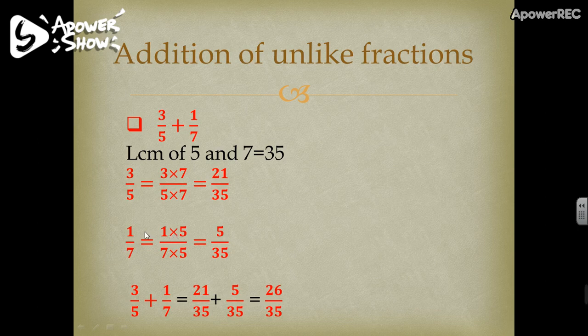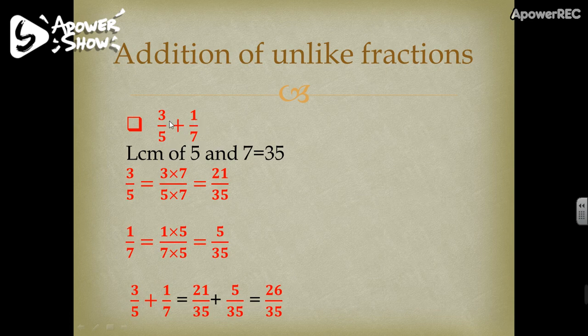So by multiplying 1 by 7 by 5 by 5, we get 5 by 35. 21 by 35 is an equivalent fraction of 3 by 5, and 5 by 35 is an equivalent fraction of 1 by 7. Now we have to find the sum of 3 by 5 and 1 by 7.